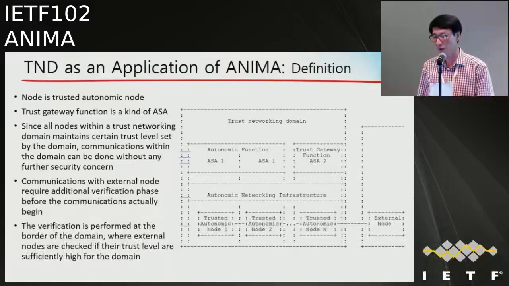Since all nodes within the trust networking domain maintain a certain trust level set by the domain, communications within the domain can be done without any further security concern. Communications with an external node, however, require an additional verification phase before the communications actually begin. The verification is performed at the border of the domain, where the external nodes are checked to see if their trust level is sufficiently high for the domain.